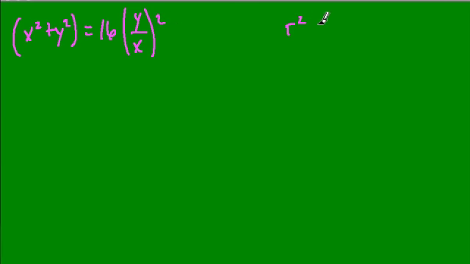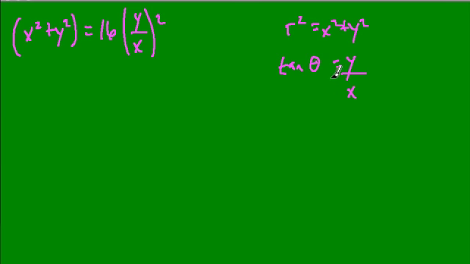What if I had, let me just change the color, x squared plus y squared equals, I don't know, 16 times y over x squared. And then we have our toolkit. We have r squared equals x squared plus y squared, and the tangent of theta equals y over x, and I'll leave it there for now.